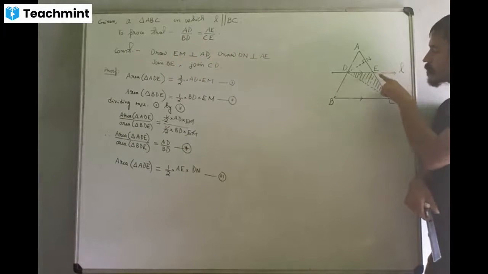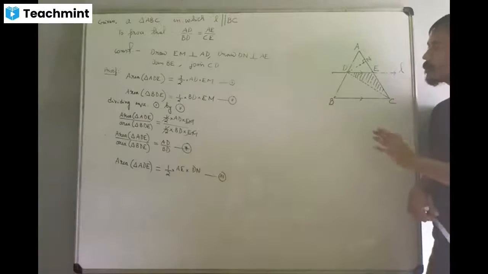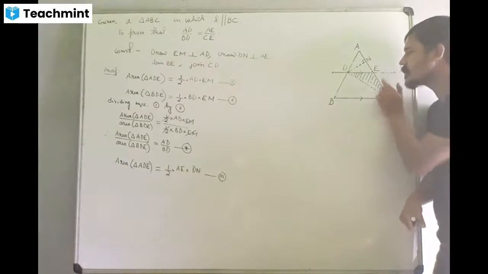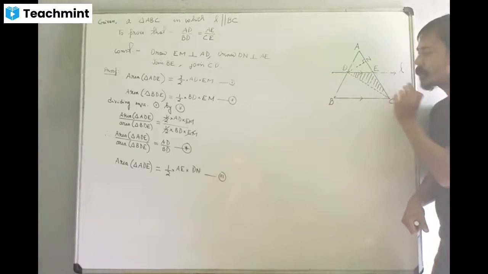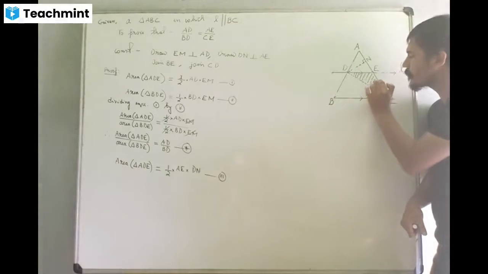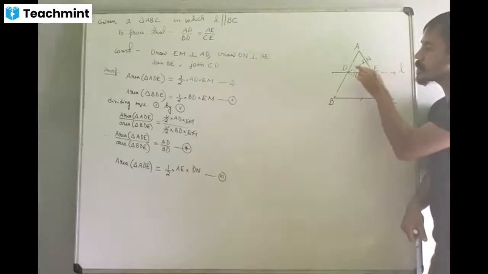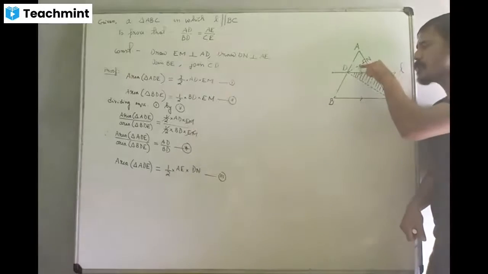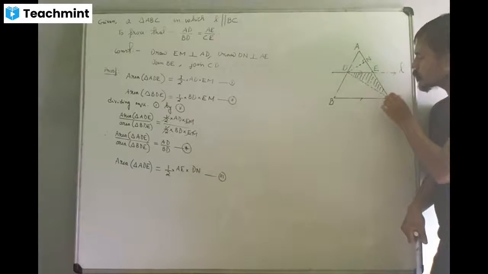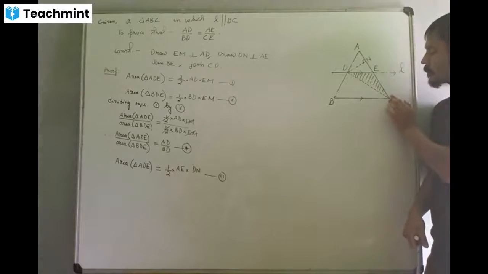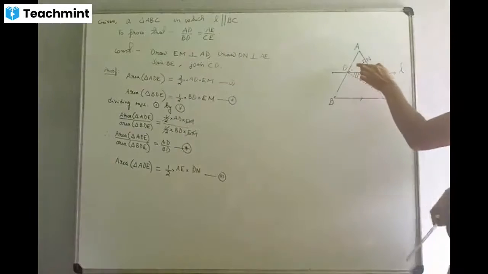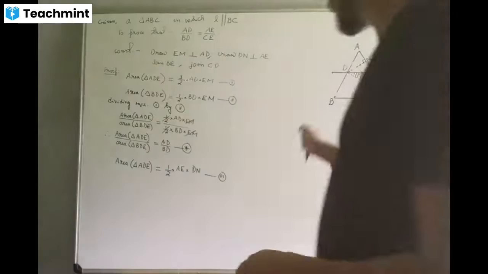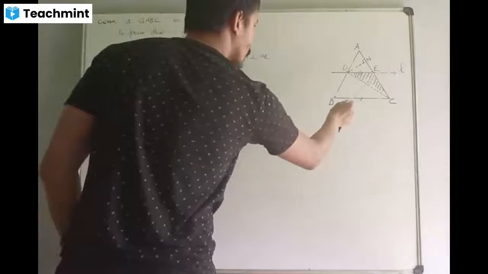If we have chosen CE as the base, then you need to look for a line that is perpendicular to CE. As you observe very carefully, as you produce this CE, produce means extend, you can see a line that is making a perpendicular with it. So DN is a perpendicular drawn to CE produced. So DN is going to be the height for this triangle.